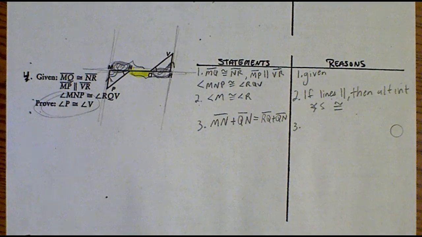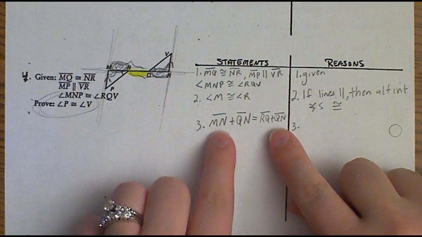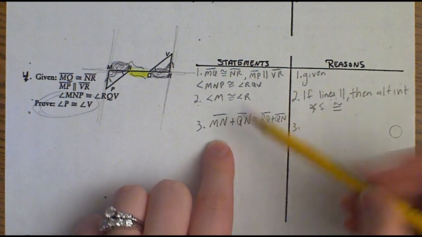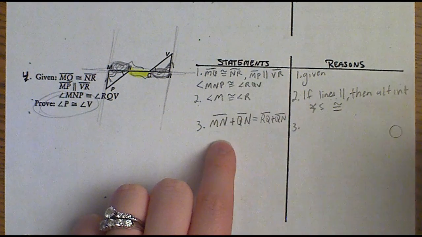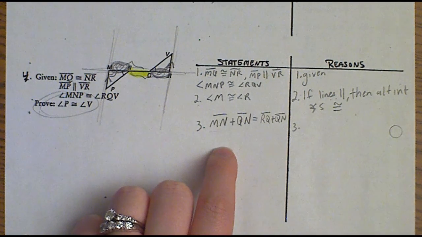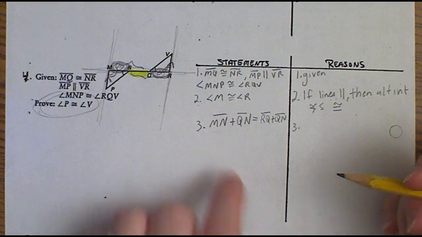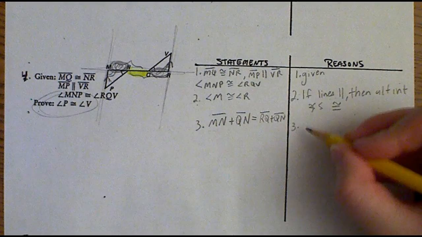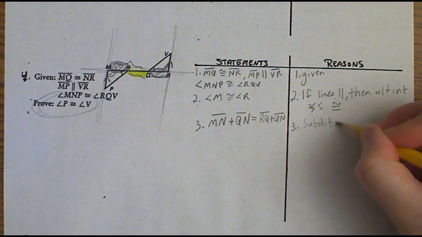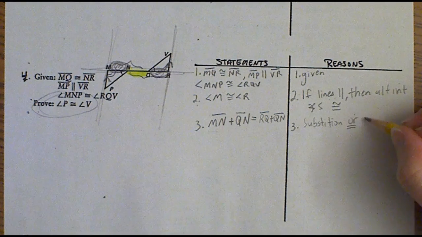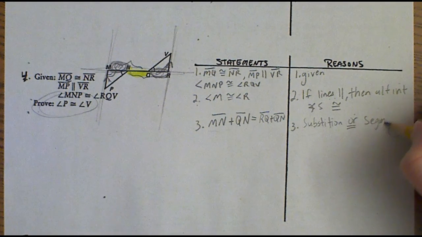And so the reason why I am allowed to do that is, two things. One, I could use substitution because this is technically the same thing as MQ, or you could write segment addition postulate. So I'm going to be kind of lenient with that. You guys can pick. So you could either say substitution or segment addition.